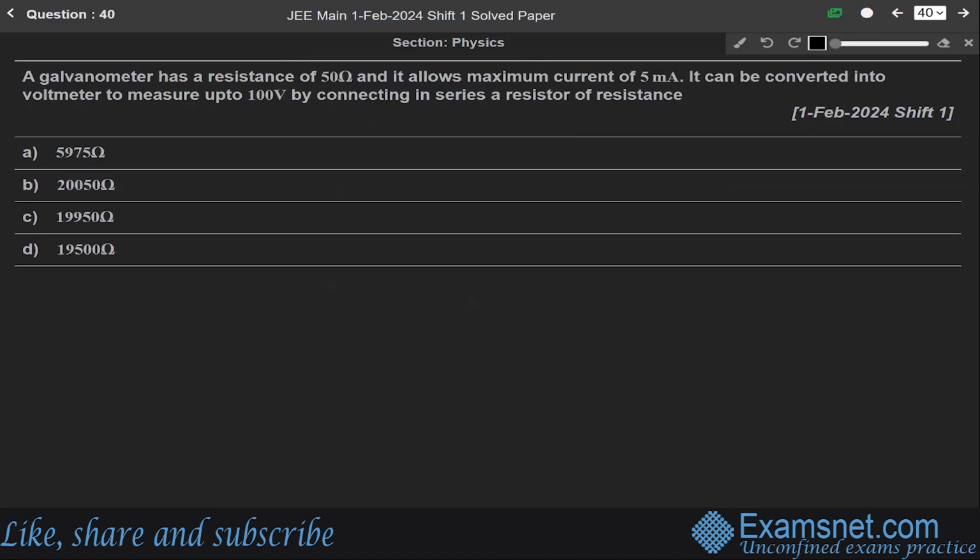Now next question 40. A galvanometer has a resistance of 50 ohm and it allows maximum current of 5 milliampere. It can be converted to a voltmeter to measure up to 200 volt by connecting in series. Okay. Now this question is from the chapter of magnetic effects of current and magnetism.